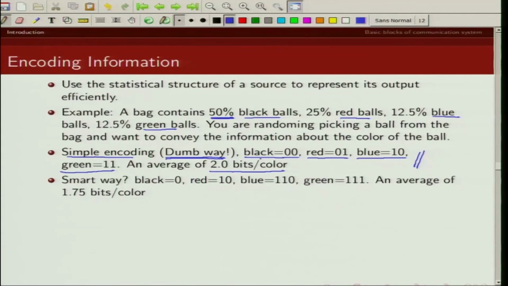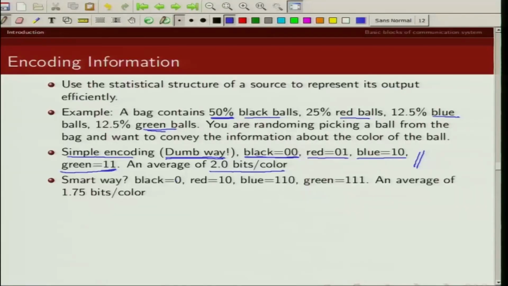So clearly you can see, if I pick up a ball, I am more likely to get a black ball than let us say a green ball, right. But I am using 2 bits to represent green ball, and I am using 2 bits to represent black ball also. So that is why I said this is a simple encoding, but it is a dumb way of encoding, because I am not exploiting the fact that 50% of my balls are of black color.